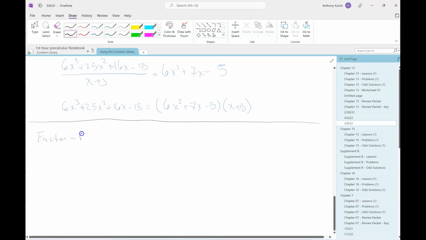So the factor remainder theorem in reverse. Let's say we want a polynomial with the zeros 2, 3, and -5.